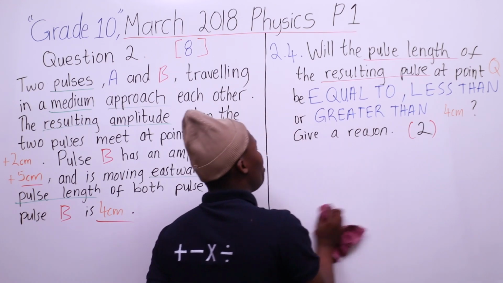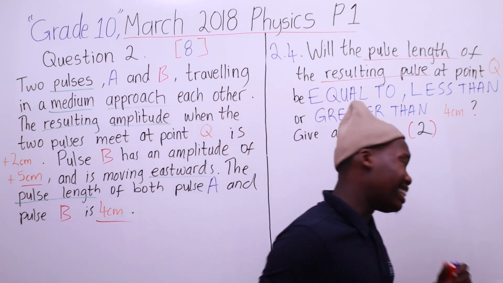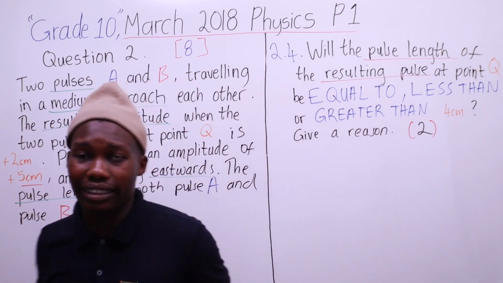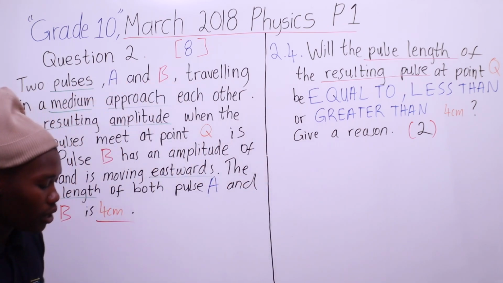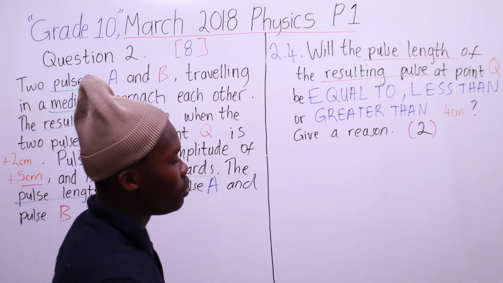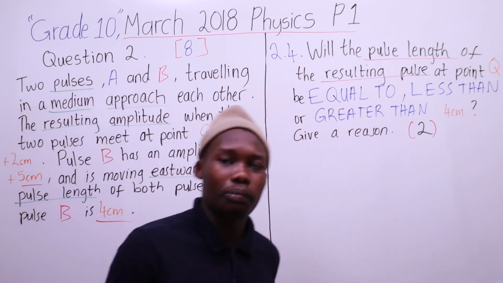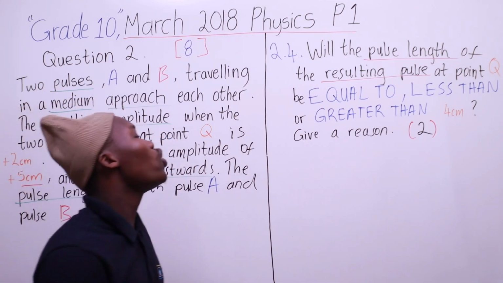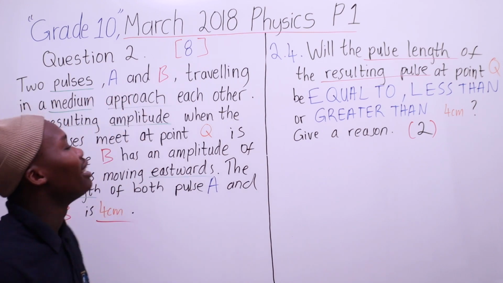But what happens to the pulse length? What happens to the distance between the 2 points where the particles are displaced? What happens there? Nothing. Nothing happens. Which means the pulse length will always be the same after constructive interference or destructive interference.